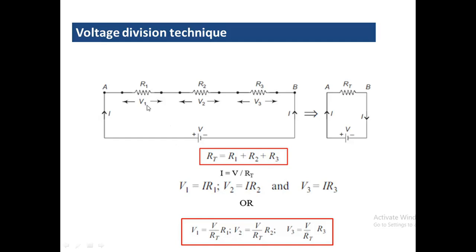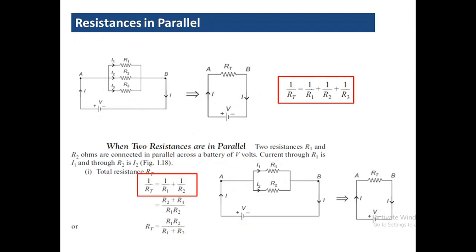If I want to find V1, it is nothing but total voltage divided by total resistance, into the resistance value for which we are supposed to find the voltage drop. Similarly for the other two voltages. This is the voltage division rule.